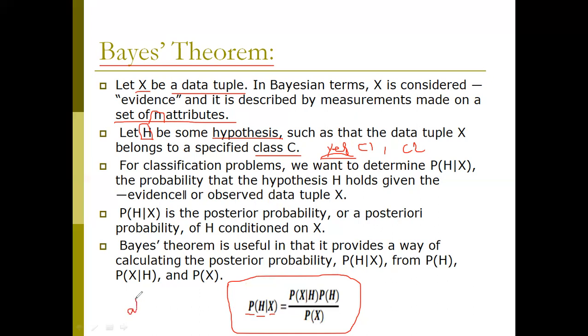In some other cases, it is the value or values of an attribute. Got it? X is an attribute value.